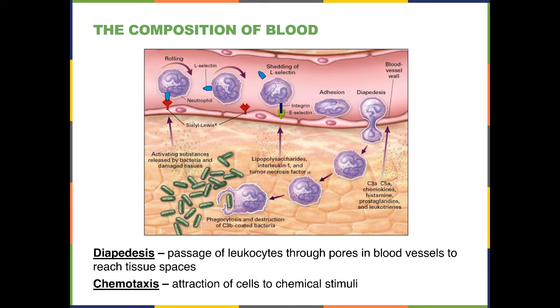That engulfing is attracted by a release of a chemical substance that actually attracts the neutrophils to this site. And that process of attraction of cells by chemical stimuli is called chemotaxis.